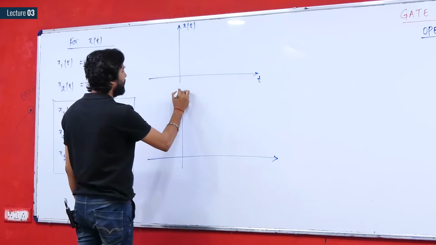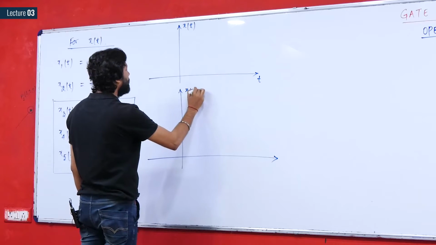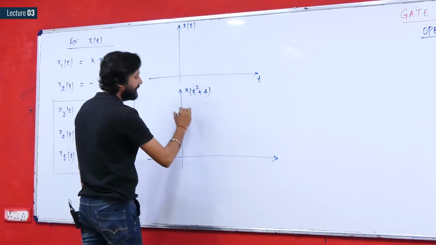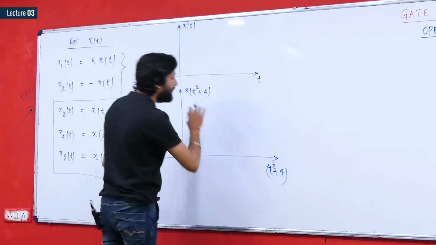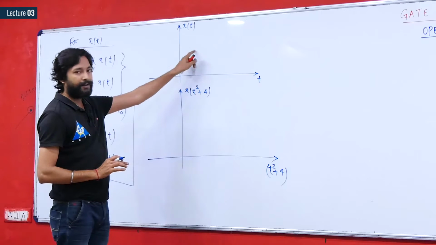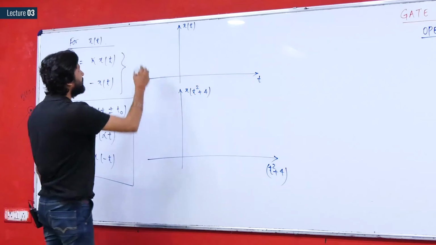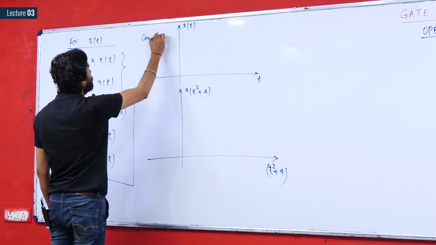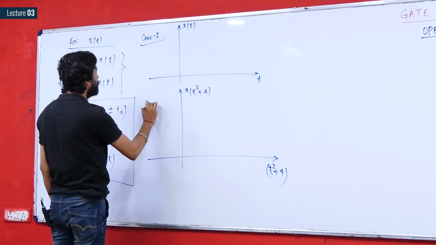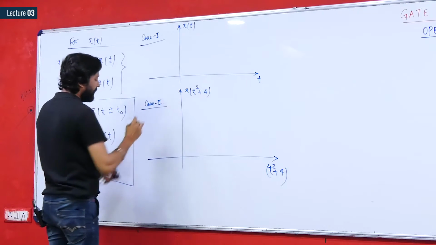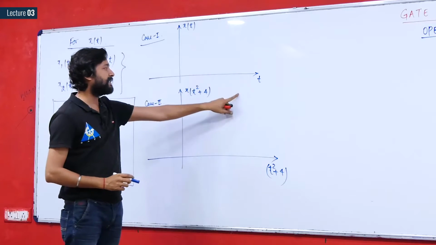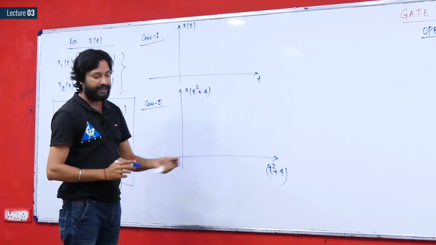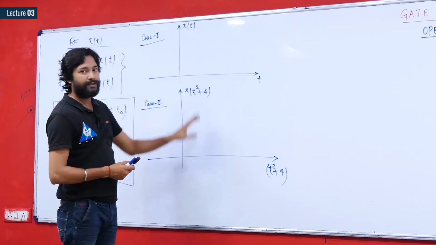Like if we write x of t square plus 4, and we write t square plus 4 on the axis also, then there will not be any change in the plot of case 1 and case 2. What we did is, we replaced both t's on both of the axes by any other function of t, so there will not be any change of the function.